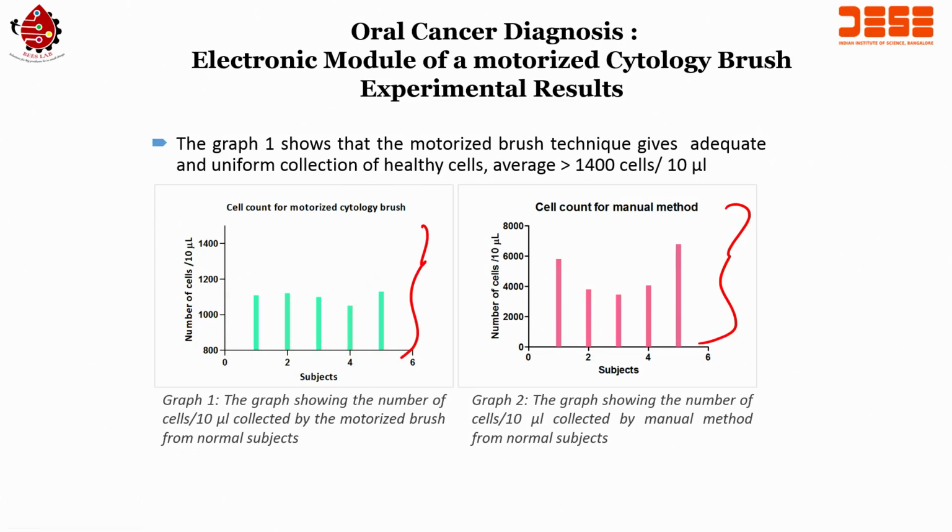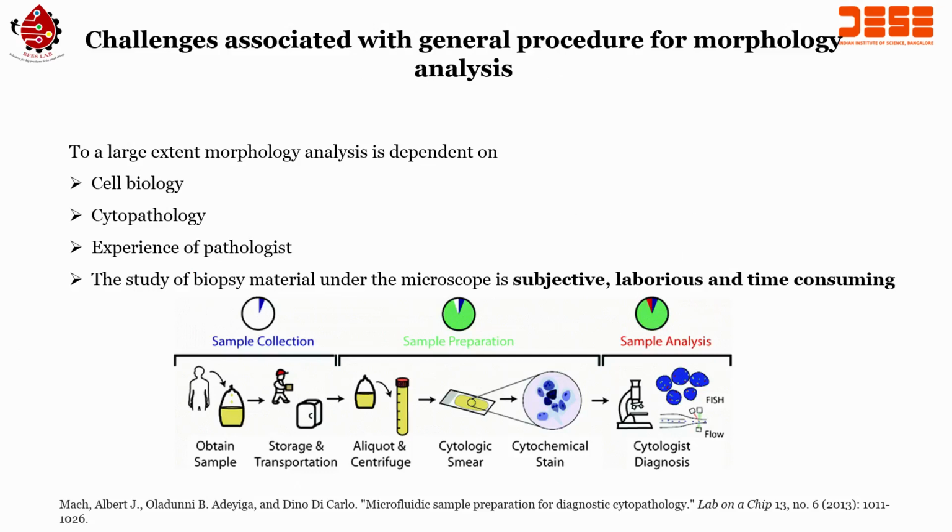Alright. The system is very simple, you all know now what the electronic circuit within it is, and there is uniform collection, low cost, and it is easy to use. So, these are the advantages of the motorized cytology brush over the existing methods. Alright.